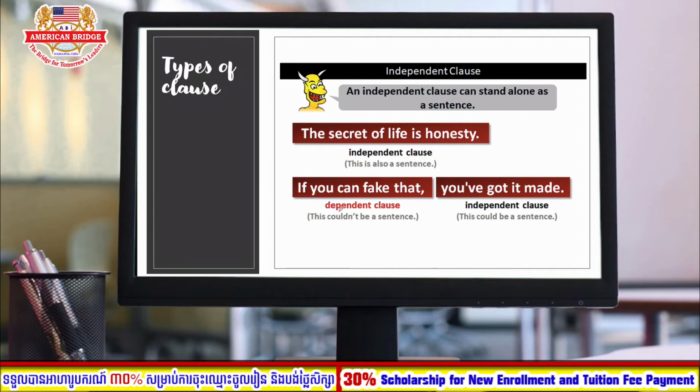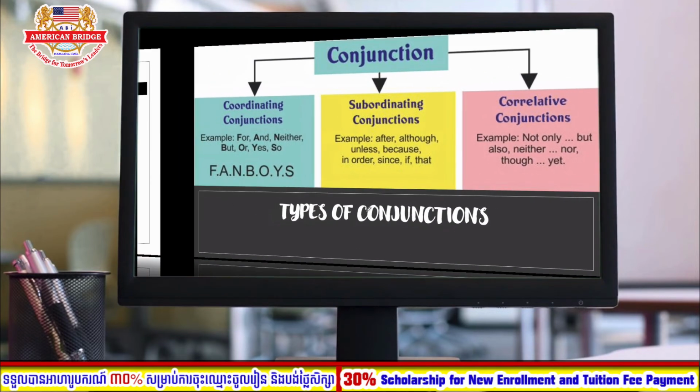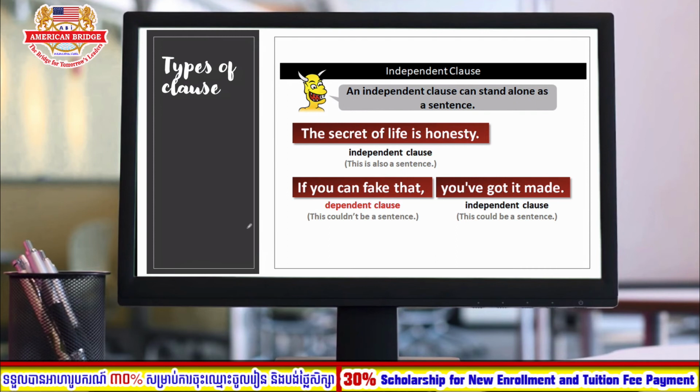So that is why dependent clause refers to a group of words that has subject and verb, but it cannot stand alone on itself. It cannot express a complete meaning. It needs an independent clause.